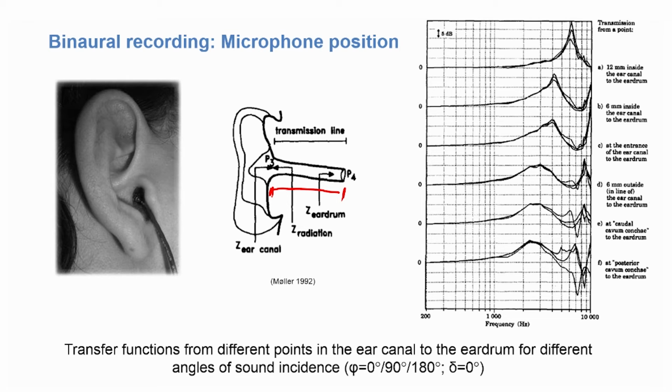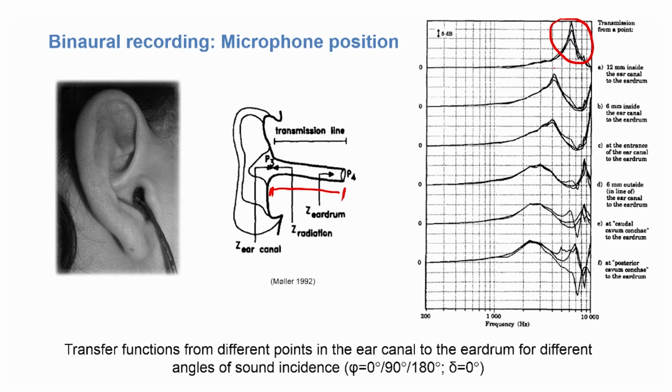On the right picture, you see measured transfer functions from different positions in the ear canal to the eardrum, with sound sources at 3 different angles of incidence: in front, from the side, and from behind. The transfer function from 12 millimeters inside the ear canal to the eardrum is, except for small measurement uncertainties, identical for the 3 angles of sound incidence.